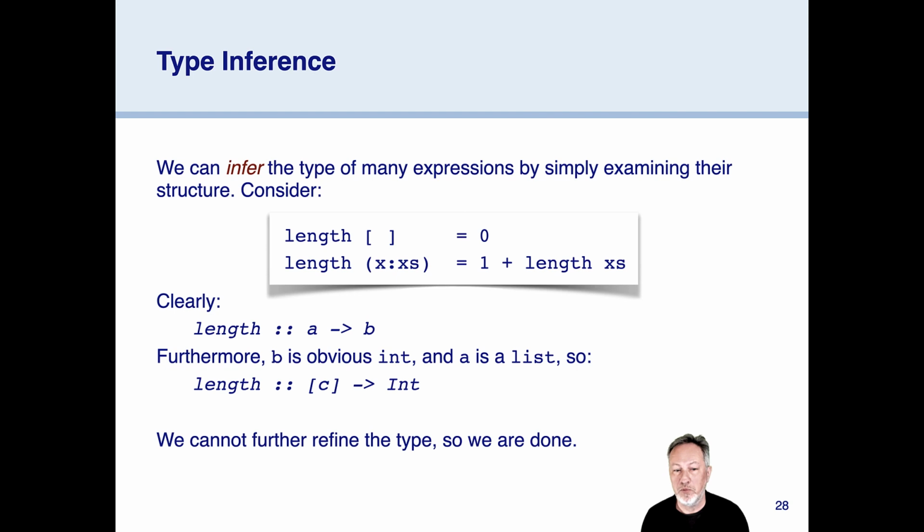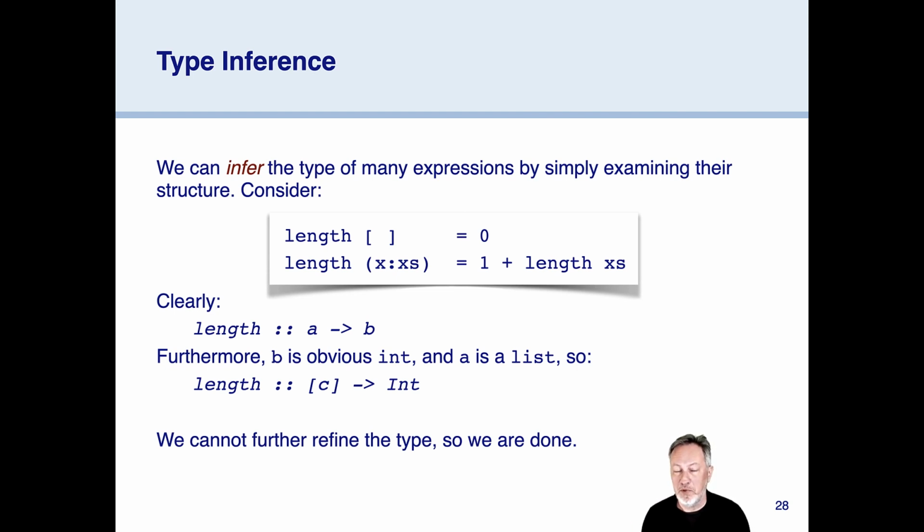So we can refine the arrow type a to b so that a is actually a list of c's, whatever c is. And if we look at the right-hand side, it's fairly clear that the result in the end is always an integer. So we can refine b to int. Now we've used all the information in the definition and we can't go any further, so we can conclude that the type of the length function is list of c to int, where c is a type variable.